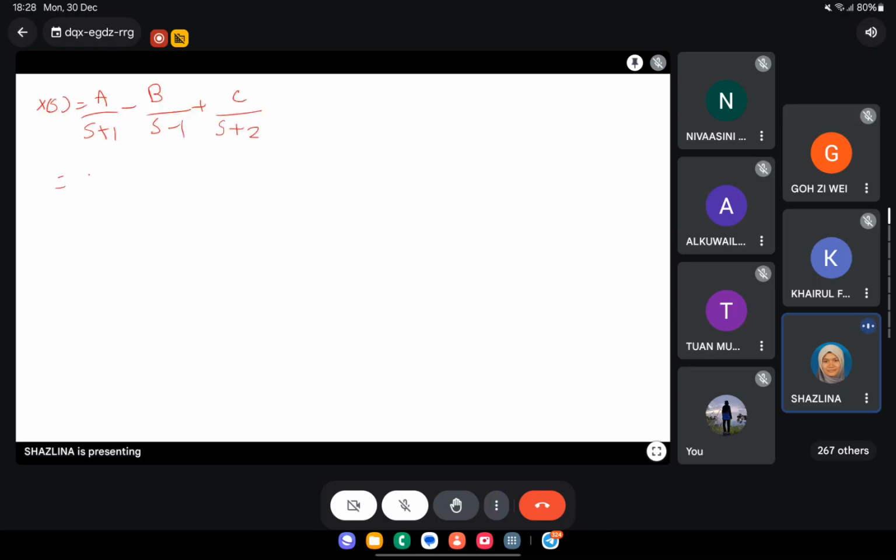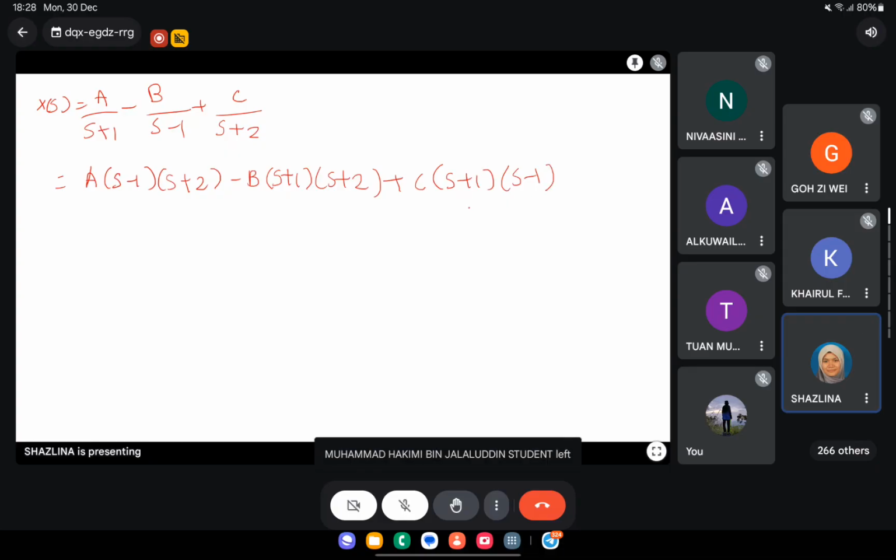So you cross multiply this. A multiplied with this is plus 2, minus B is plus 1 is plus 2, plus C is plus 1 is minus 1.